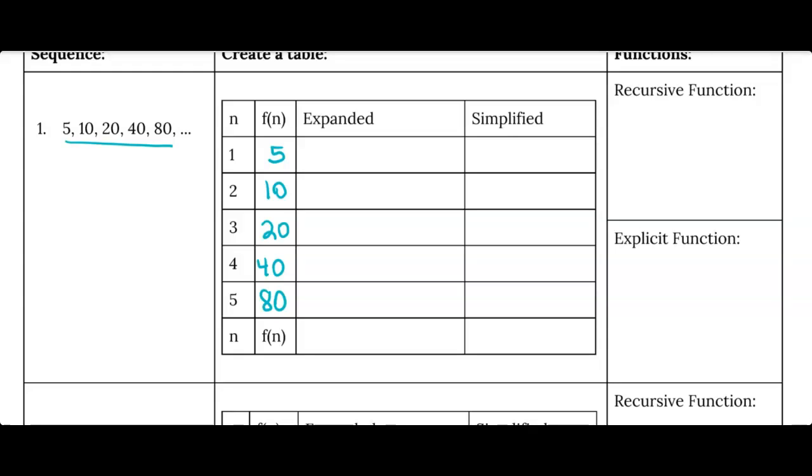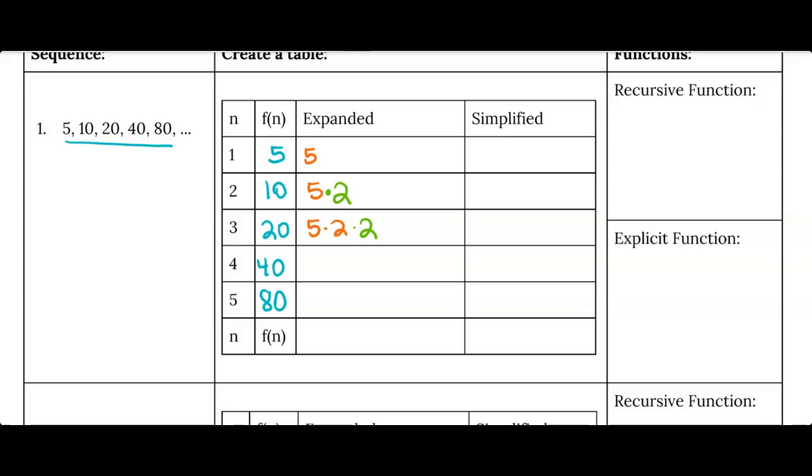Then I'm going to expand it out. So remember, the expanded piece was writing it recursively. So I didn't do anything to get to 5, so I just put 5 there. But then to get to 10, I did 5, and then I multiplied it by 2. And then to get to 20, I took my 5 times 2, and I multiplied it by 2 again.